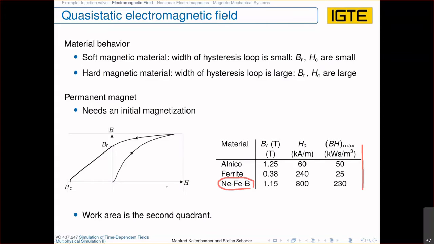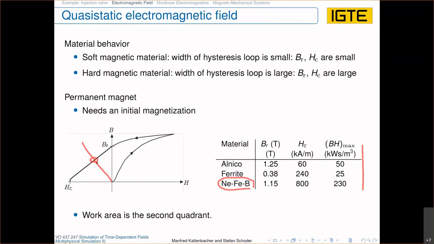When you use such a permanent magnet within a magnetic circuit, this is the working area where the permanent magnet works, and according to the load, which you can show by a straight line, you then get, for example, such a working point.